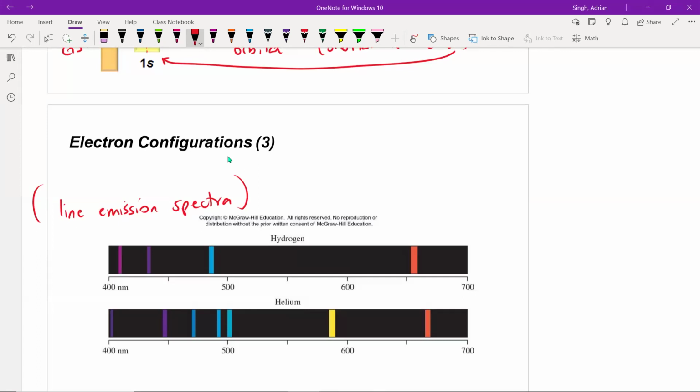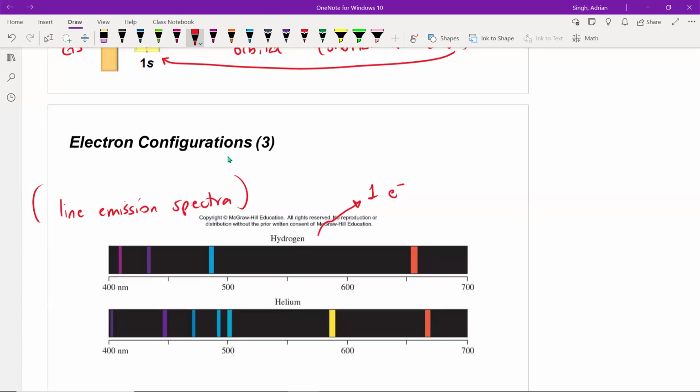Now, what happens if we start adding more and more electrons, hydrogen again being the simplest case with just one electron in it? When we start going to the right and down in the periodic table, you'll notice that the majority of the elements on the periodic table have more than one electron, right? All of them have more than one electron, except hydrogen.